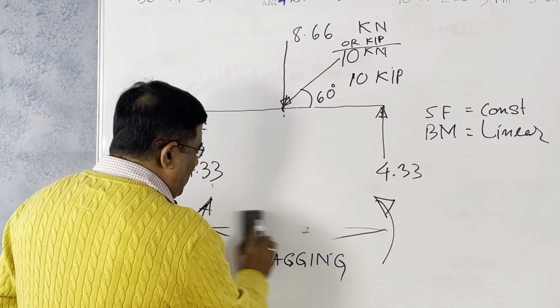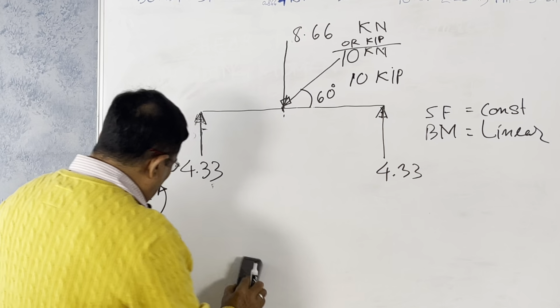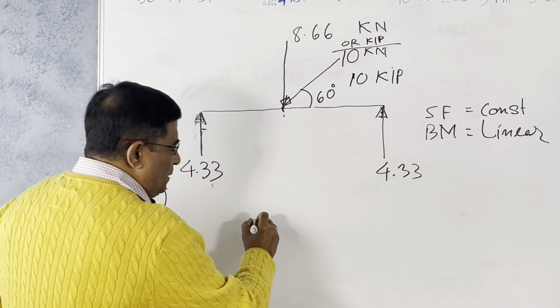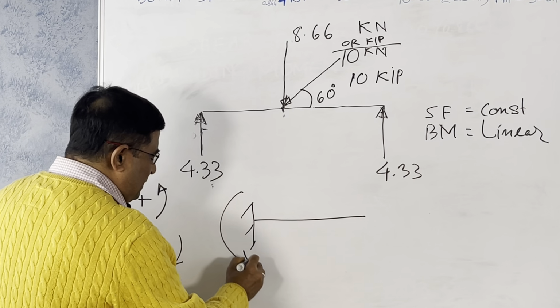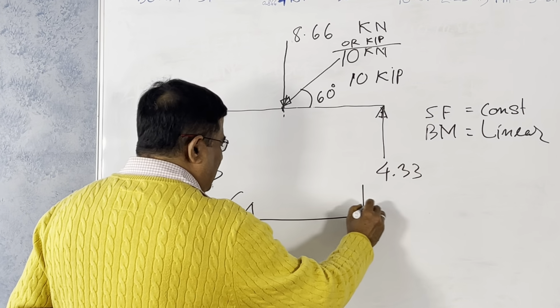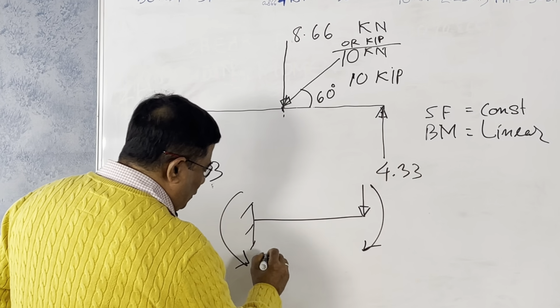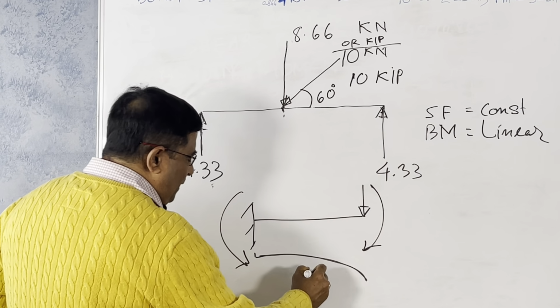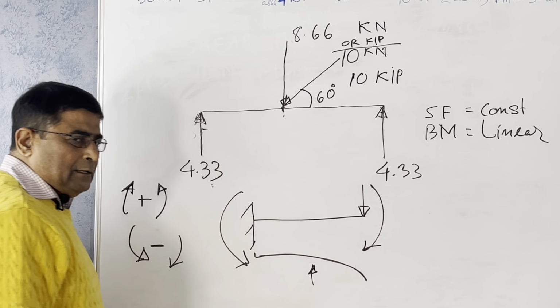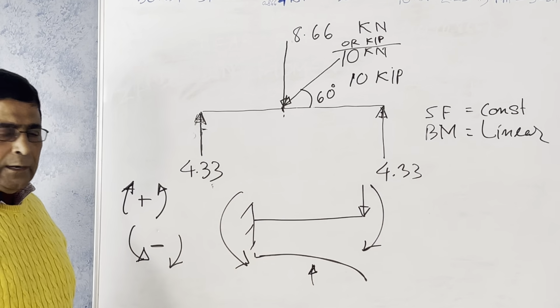When the bending takes place, what happens if you apply a moment like that? In case of a cantilever, the moment is like this. If you have some load there, it will try to bend like this. So when the concavity is downward, or it looks like an umbrella, this is negative, this is hogging moment.